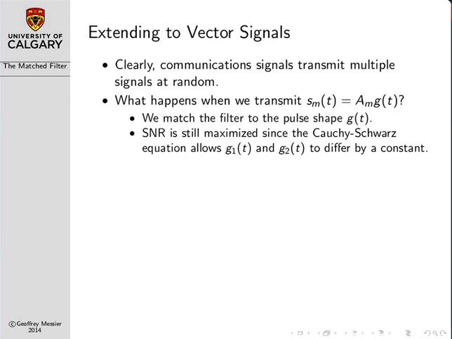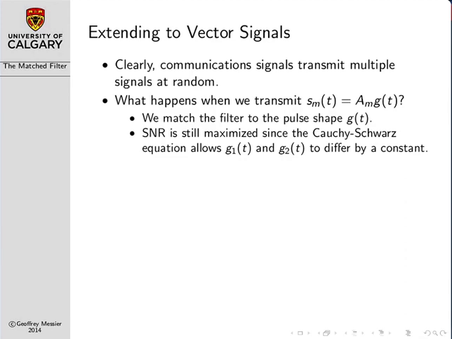What some books often don't do is discuss how this simple derivation with the deterministic signal maps into more sophisticated modulation schemes where we have random signal components.